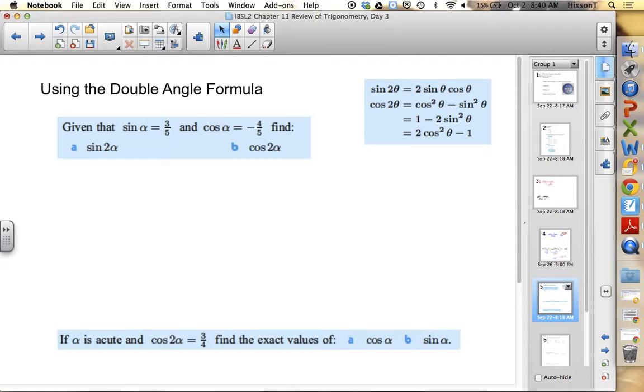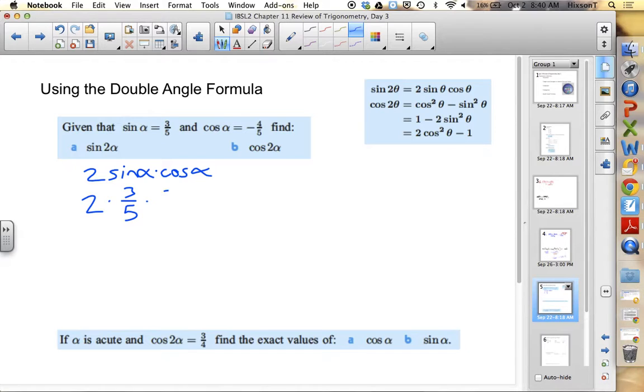This is the type of stuff that we would see on a non-calculator portion of either my test or the exam. Okay? So that's why they told you sine and cosine, because sine of 2a is going to be 2 times the sine times the cosine. So that's 2 sine of alpha times the cosine of alpha. Well, sine of alpha is 3/5.